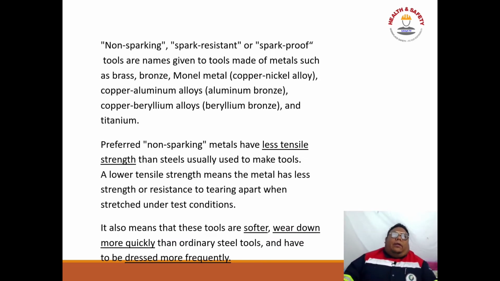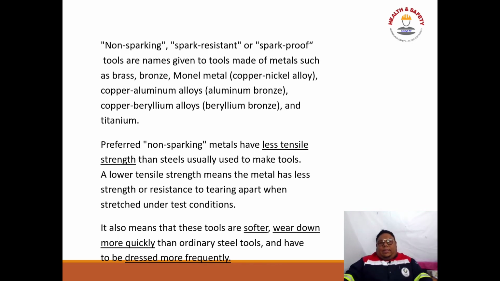Non-spark, spark resistant, or spark proof are names given to tools made of metals such as brass, bronze, monel metal, copper, nickel alloy, copper aluminum alloy, aluminum bronze, copper beryllium alloy, beryllium bronze, and titanium.